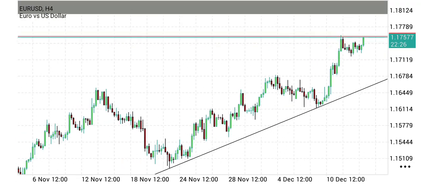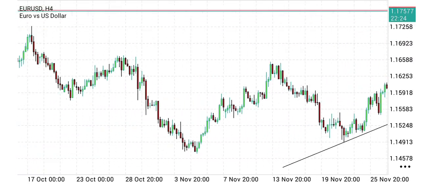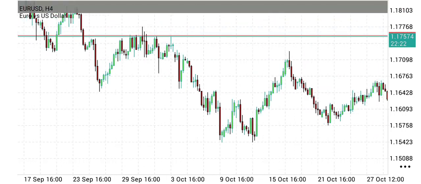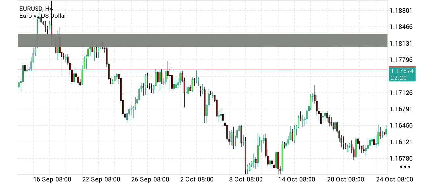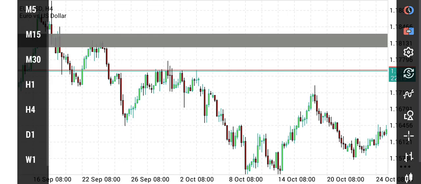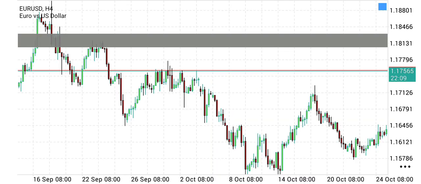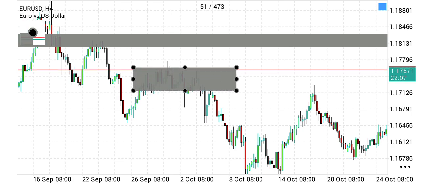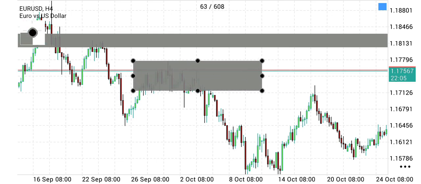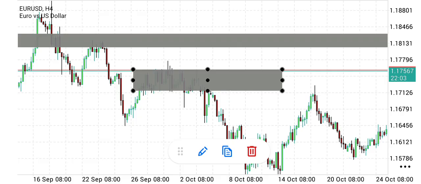So I'm expecting that the price will reject, because remember I said this is where we've witnessed a consolidation zone. This right over here, this was our consolidation box.